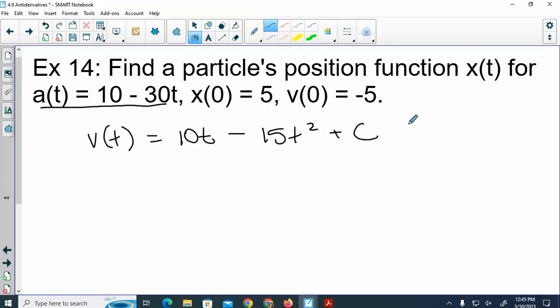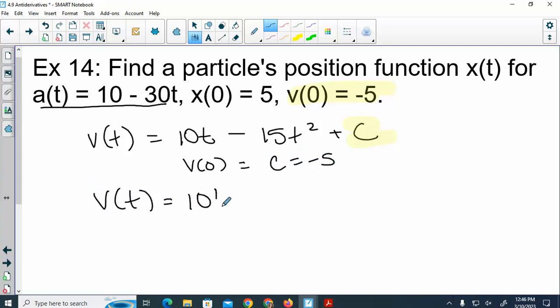Can I figure out what c is though? Yeah, because I told you the velocity at time 0 equals -5. If you plug in 0, you get 0 minus 0 plus c equals -5. So my constant is -5 there.